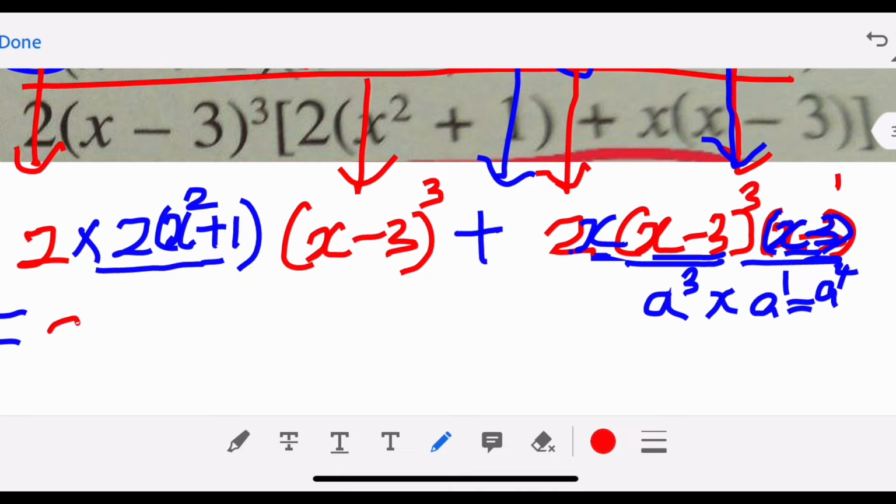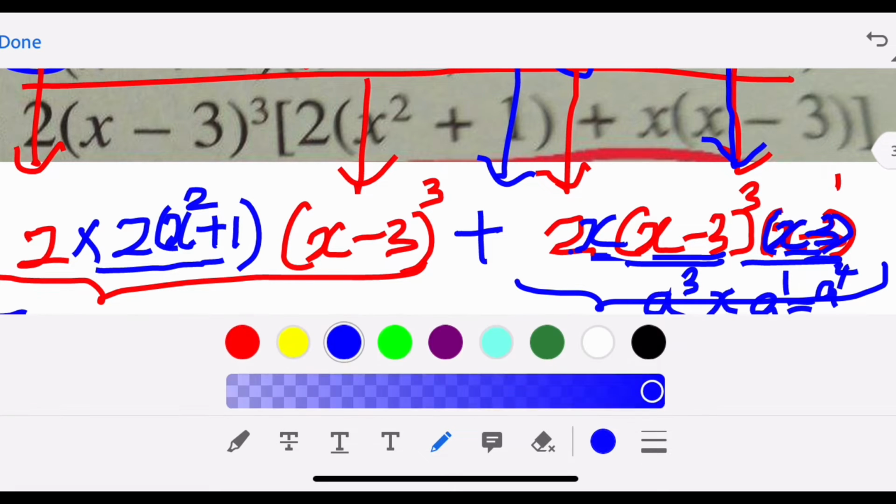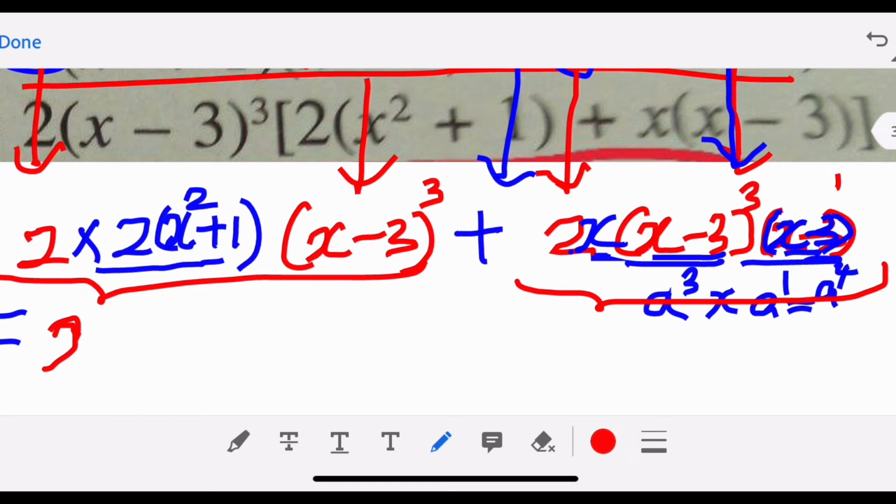It belongs to both terms. We have two terms, the first and the second term at the back here. If it belongs to both terms, it is called a common factor.